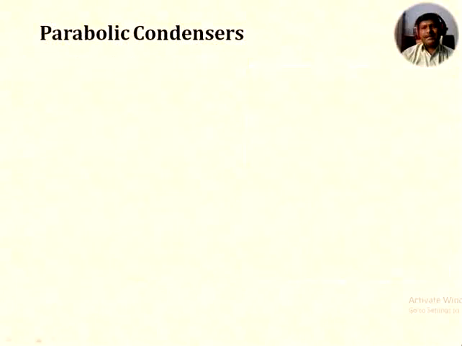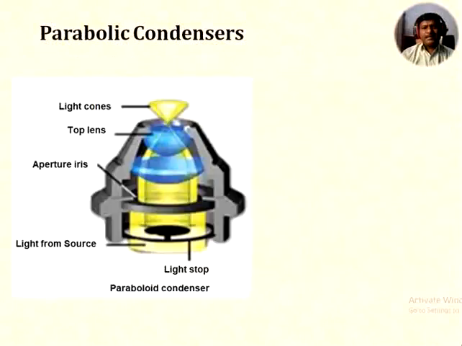This is the sectional view of the parabolic condenser. Here is the light stop mechanism. Here is the light from the source, either sunlight or an electric bulb, that is attached here, and how much light is needed is arranged by this iris diaphragm, which will cut or increase the light.